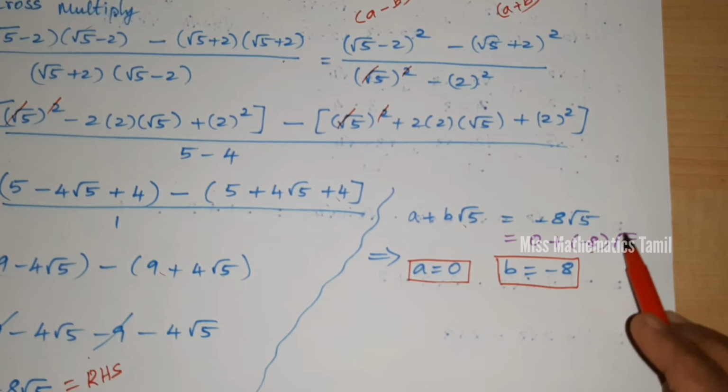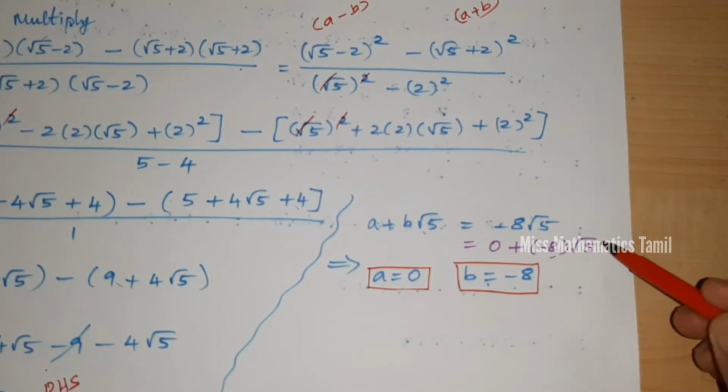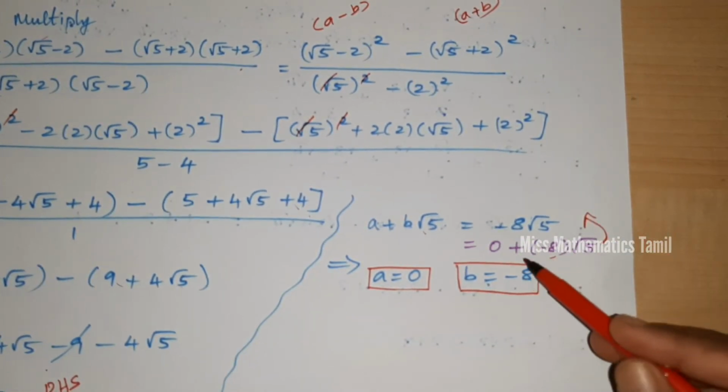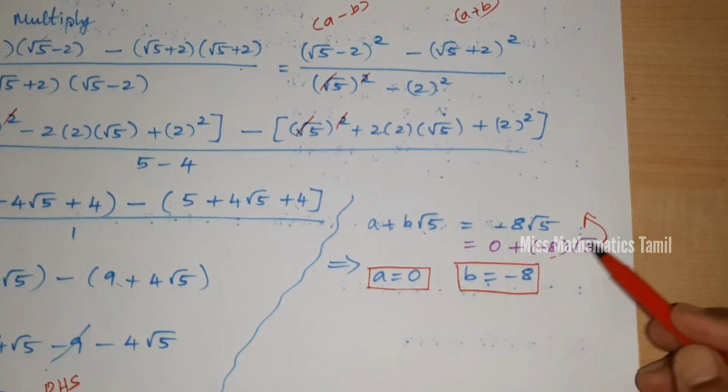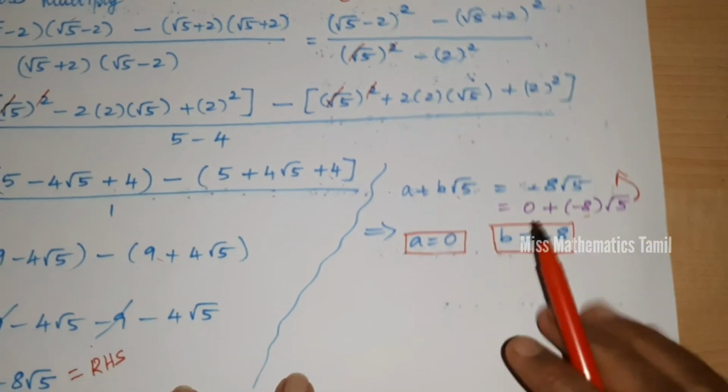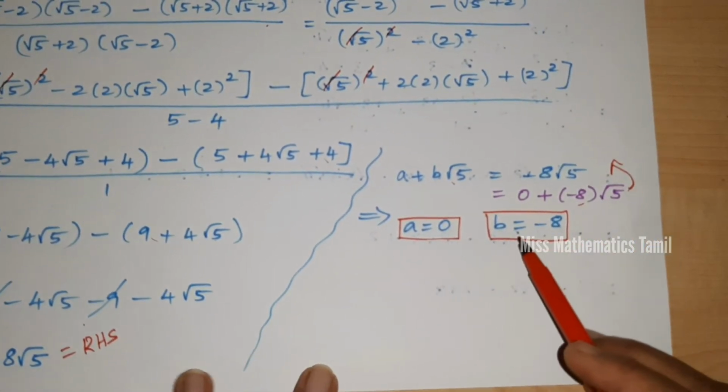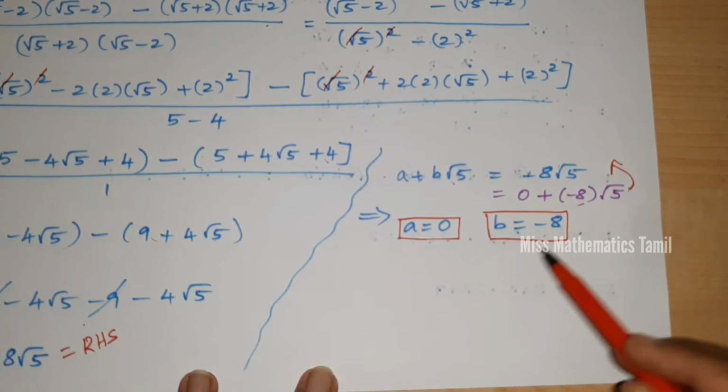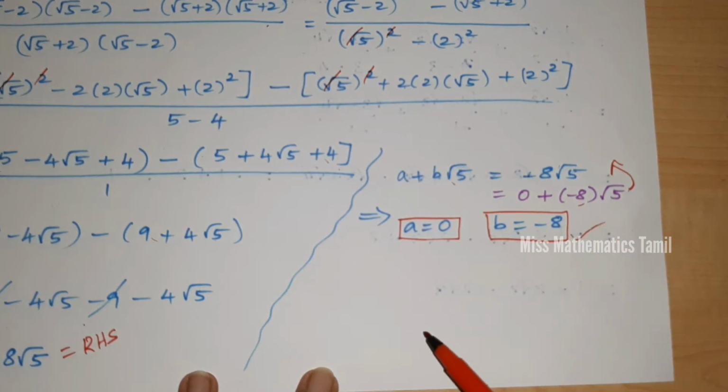Minus 8 into root 5. See, again check and see. This is 0 plus minus 8 root 5, right? So A is equal to 0, B is equal to minus 8. We found the values of A and B, right?